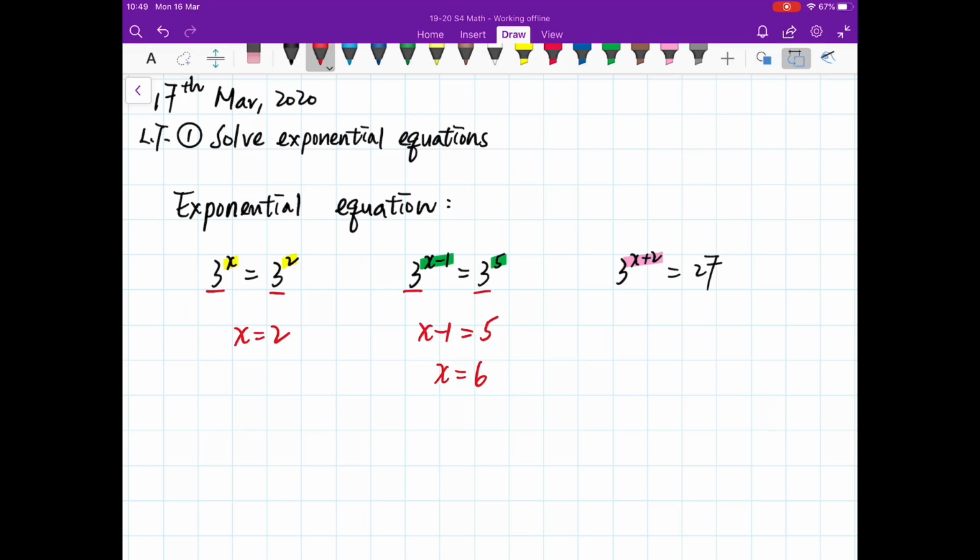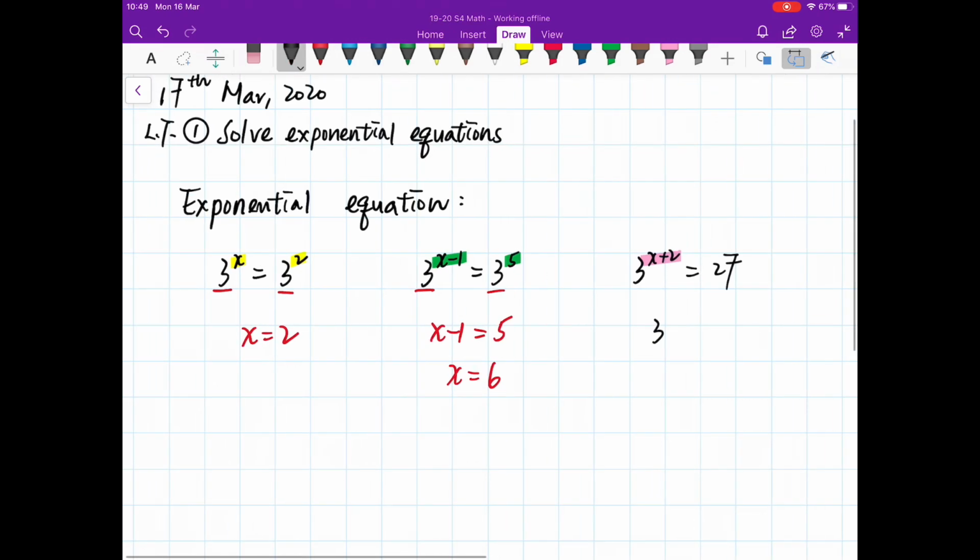Okay, so let's take a look of the last one. 3 to the power x plus 2 equals to 27. So now, as you can see, the base are not the same, and also there is no power for 27. So what should we do? So our technique is we have to change the 27 into power of 3, so that it will become 3 to the power 3.